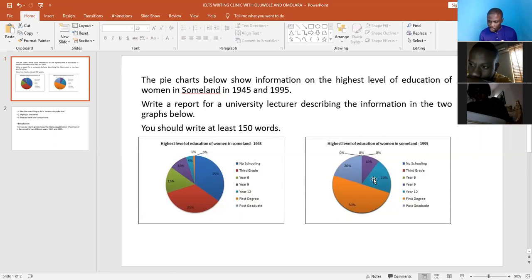So there was no year 6. I'm not seeing it here properly. I think it is 0%, yes. 0%. This one, 35%. What's that? Third grade was also 0%. Okay, so that is it.